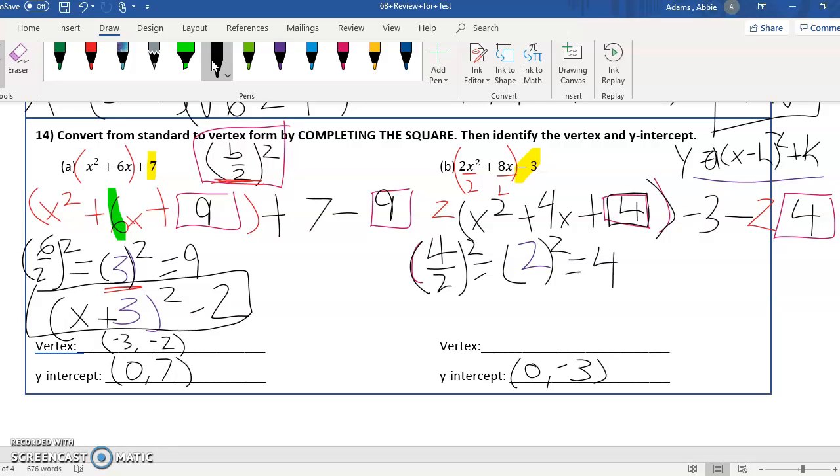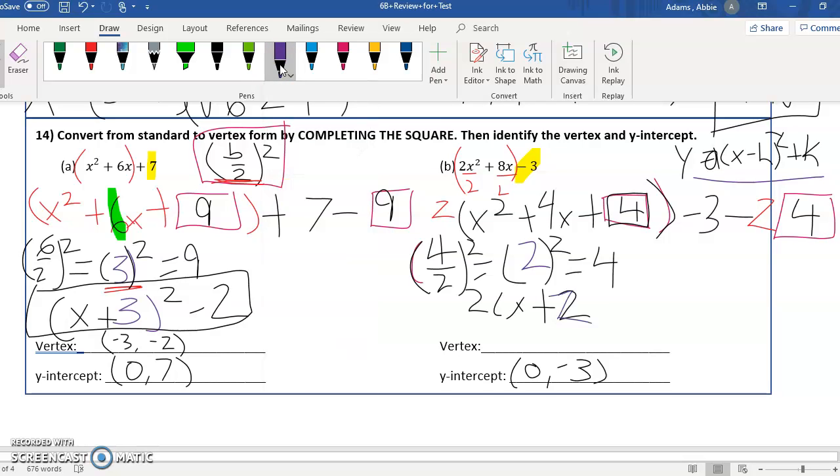And this 2, this b over 2 value, is what we're going to use as our new h value. So when I'm rewriting this equation from standard form to vertex form, I'm going to have 2 multiplied by (x plus 2), where the 2 comes from our b over 2, and that value is going to be squared. And then let's simplify the outside here.